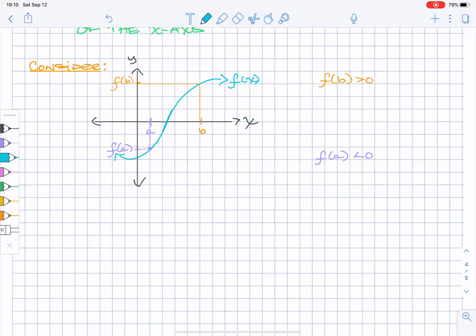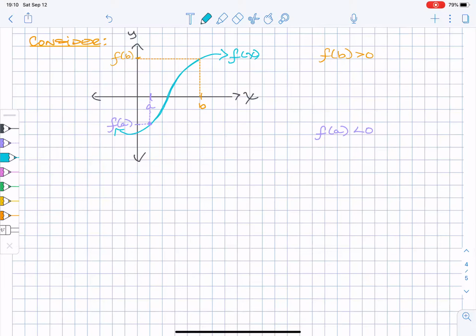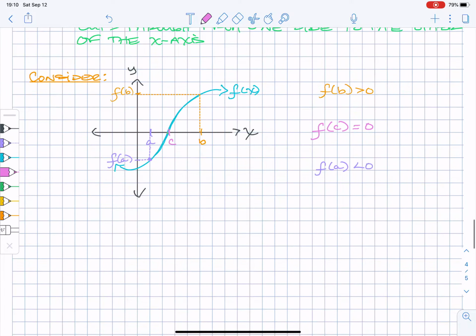It's continuous, right? Okay, so do you agree that there's a point in between? Let's call it C, at which f of c is 0.